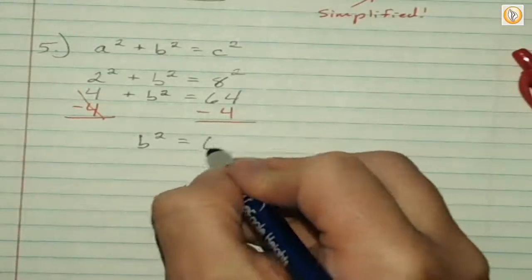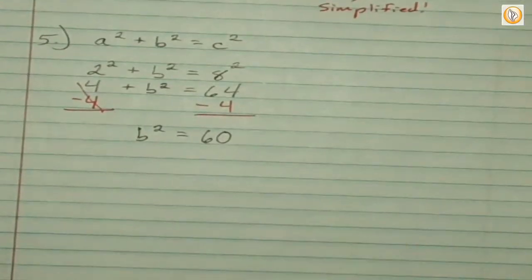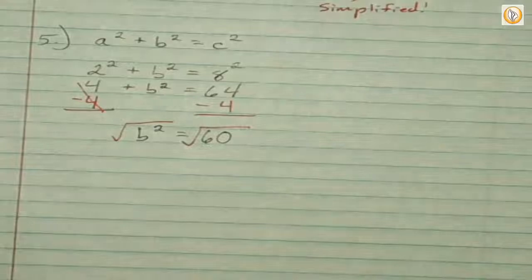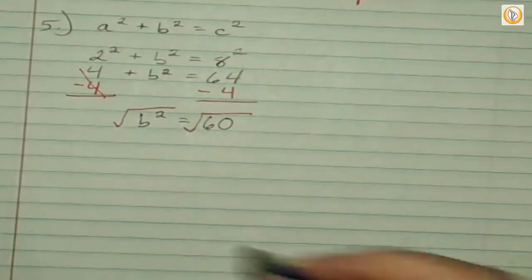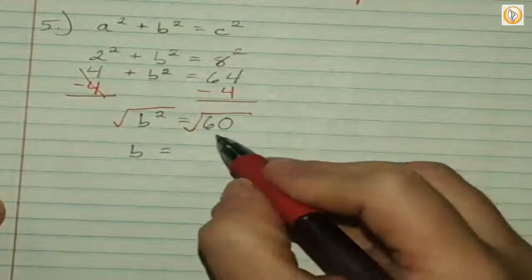So 64 minus 4 is 60. Now take the square root on both sides. So the square root of b squared is just b.